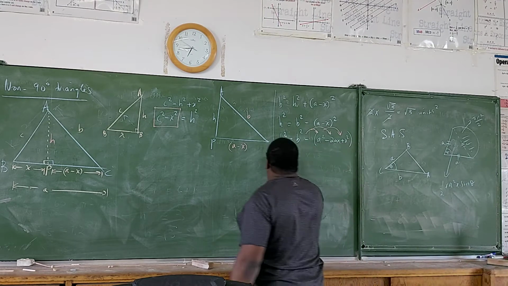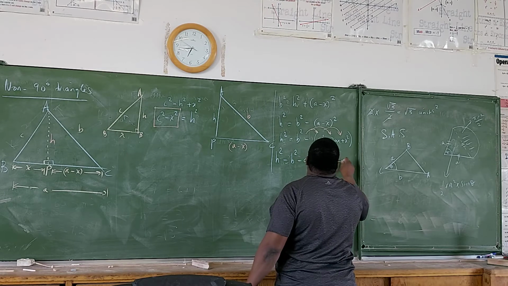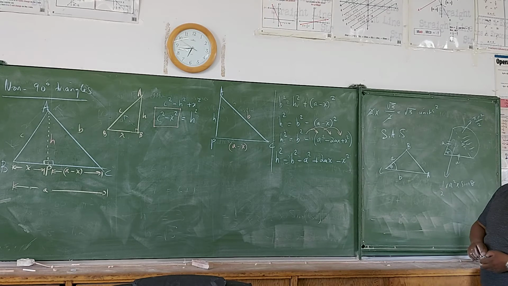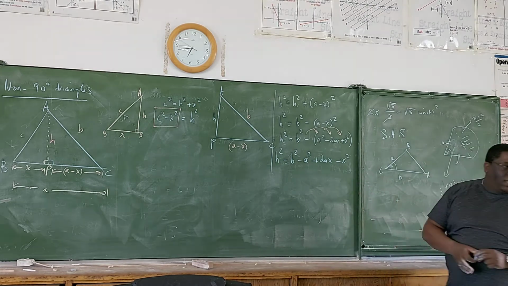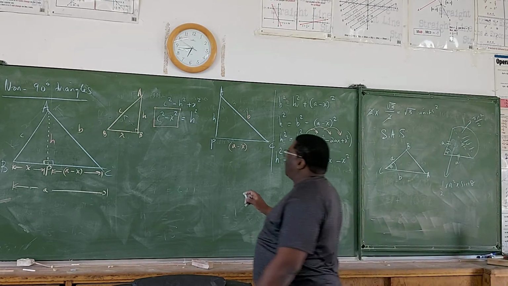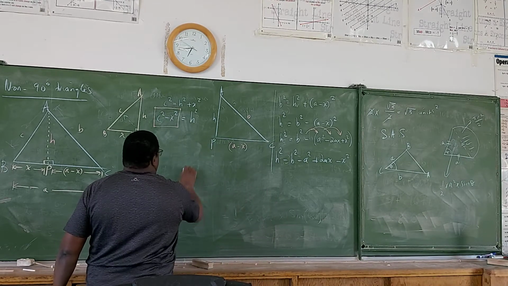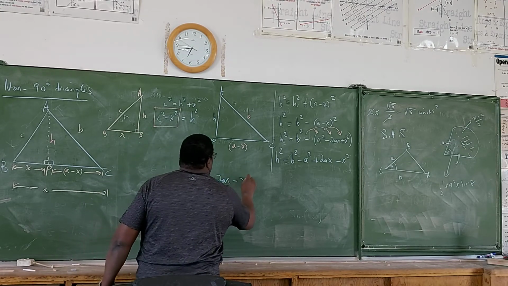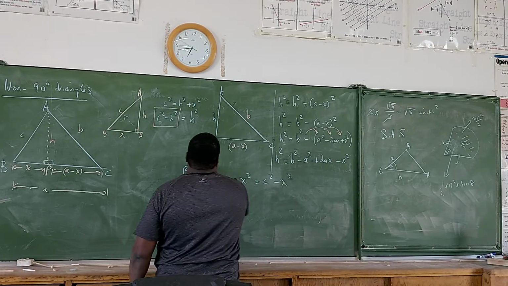So you're going to be left here with h squared equals b squared minus a squared plus 2ax minus x squared. Are you with me? Now, let's compare our h squares together. So it's going to be b squared minus a squared plus 2ax minus x squared should equal c squared minus x squared.